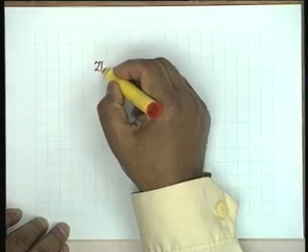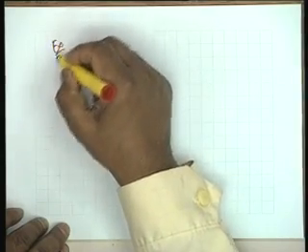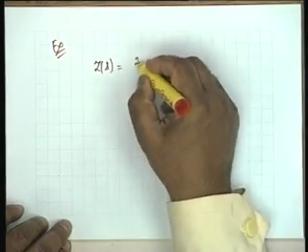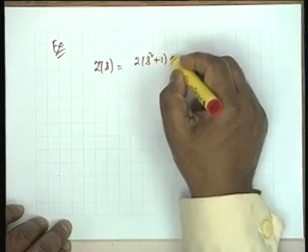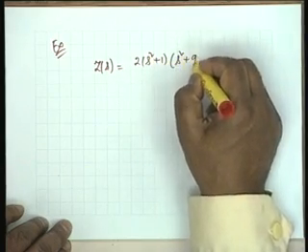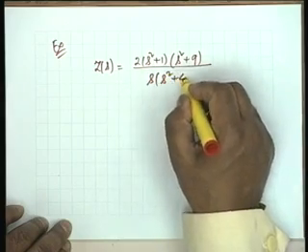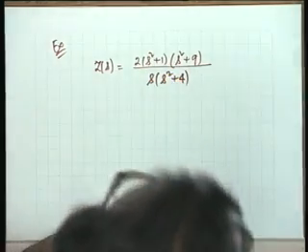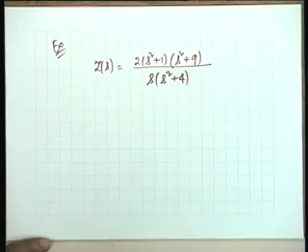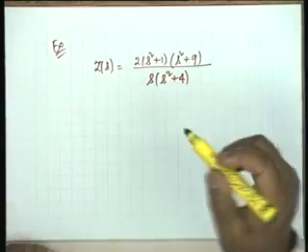Suppose Z of s is (2s² + 1)(s² + 9) divided by s(s² + 4). This is the function that is given. The first thing to check is whether it is LC or not. Does it qualify to be an LC?